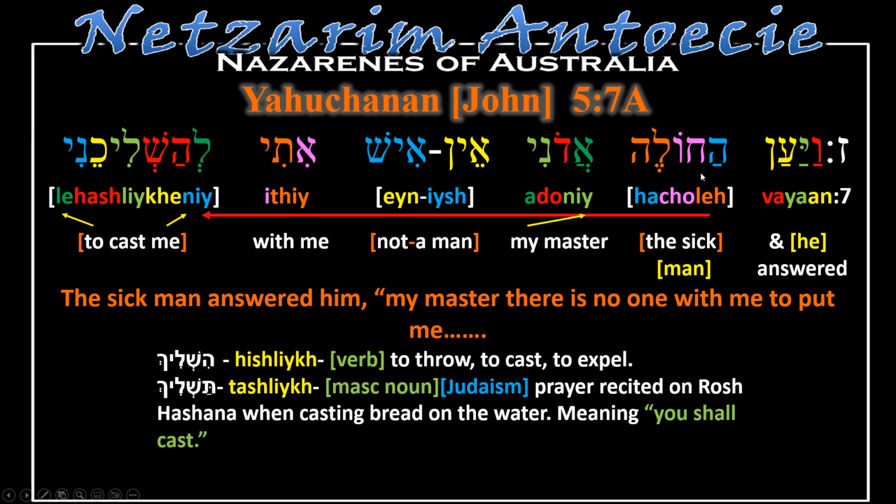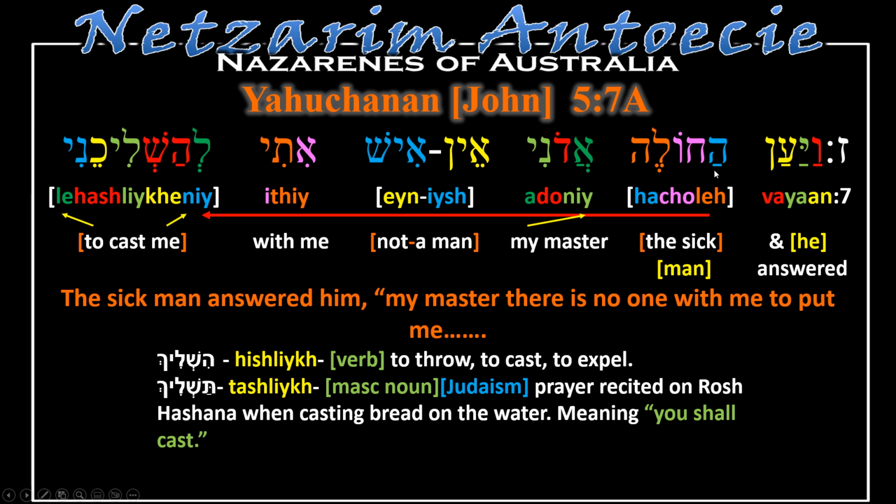Then we have a hey, chet, vav, lamed, hey, aleph, dalet, nun, yod, aleph, yod, nun sofit, aleph, yod, shin, aleph, tav, yod, lamed, hey, shin, lamed, yod, kaf, nun, yod. And we read it. Vaya'an, and he answered. And that's a perfect form again because of the prefix. Because the root of it is ana, which means to answer, right?